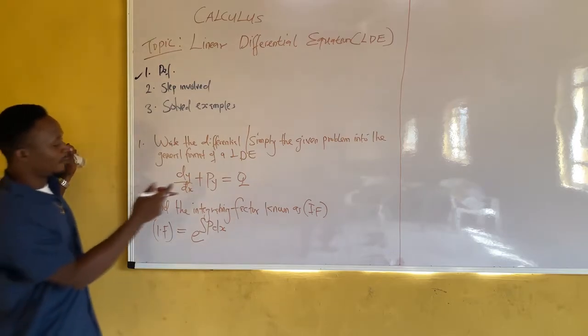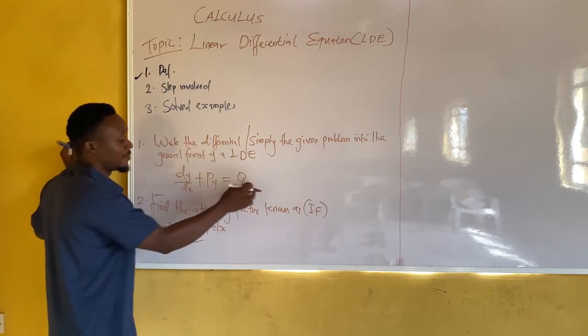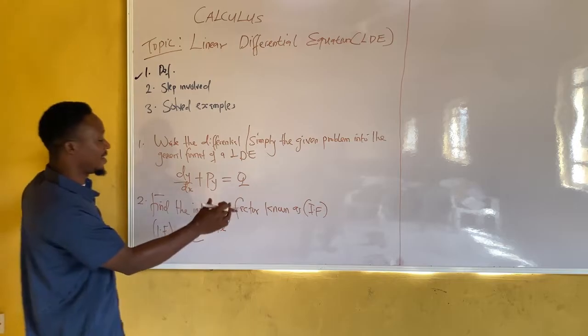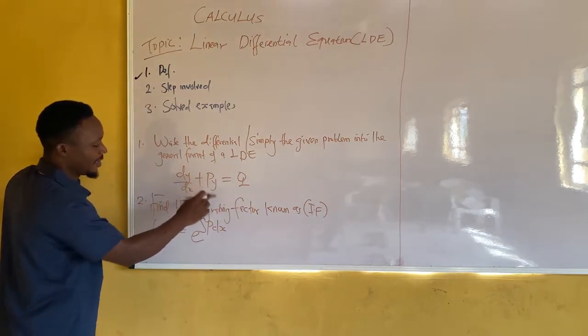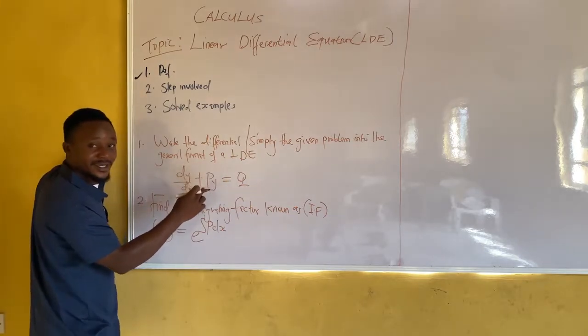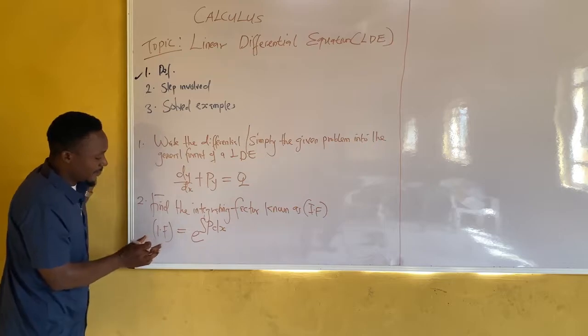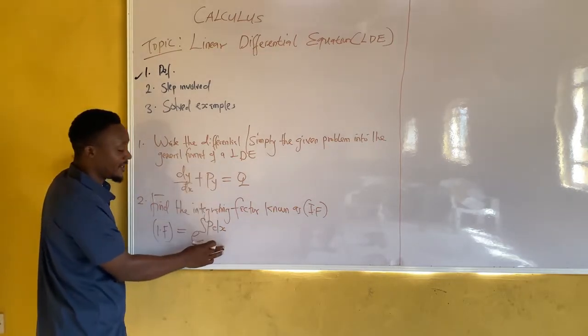So you will now look for P. From the first step, after you have compared the equation, you will pick your variables P and Q, which are constants or functions of x. Once you pick them, you now integrate P. Once you integrate P, you now get the integrating factor by saying e raised to the power of integral of what? P dx. And that is the integrating factor.